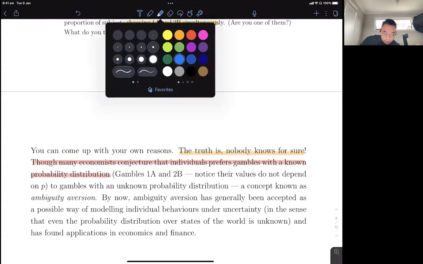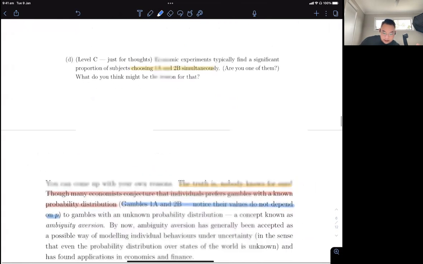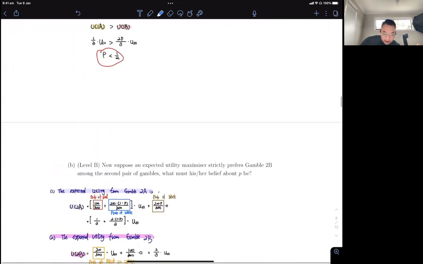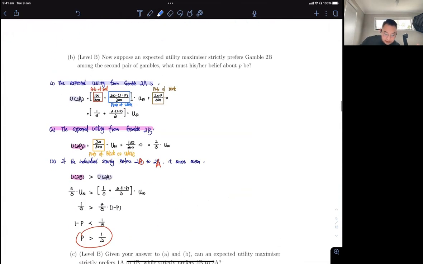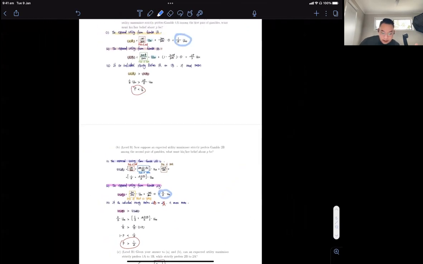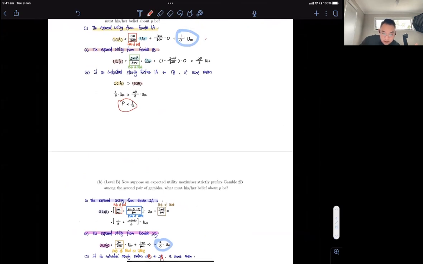That is, we know gamble 1A and 2B. Notice that their values do not depend on P, right? As you can see, gamble 1A is 1/3 times U10, and gamble 2B is 2/3 times U10. This is something for certain. It doesn't have a P in it.